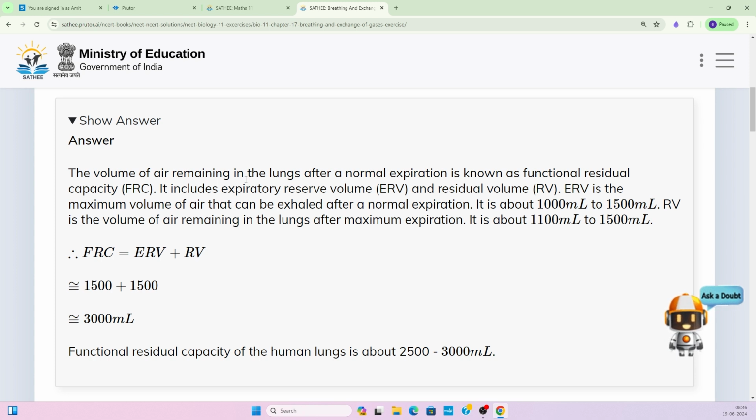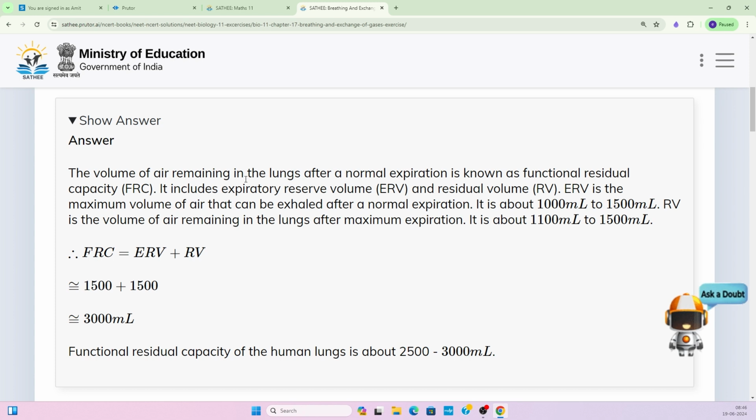The volume of it is 1100 ml to 1500 ml. The expiratory reserve volume and residual volume are about the same, 1000 ml to 1500 ml.